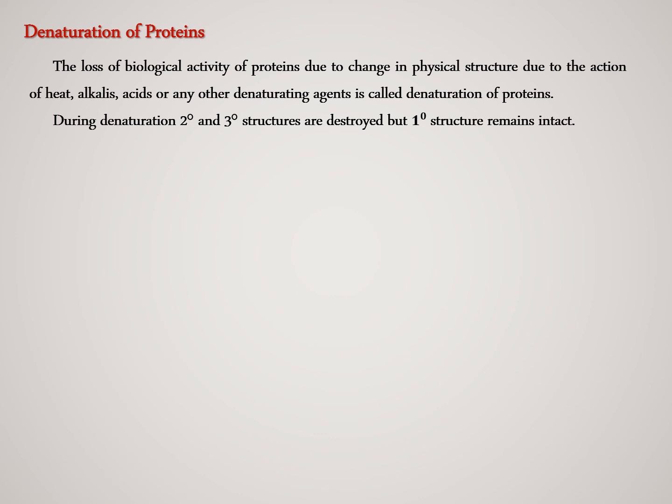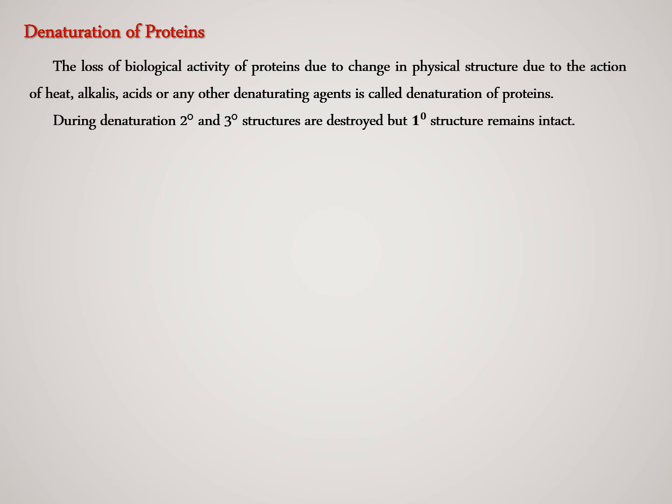This phenomenon is called denaturation of proteins. Now what happens because of this? Because of denaturation of proteins, there is loss of biological activity of the protein, and therefore the protein will no longer be able to perform its biological function.